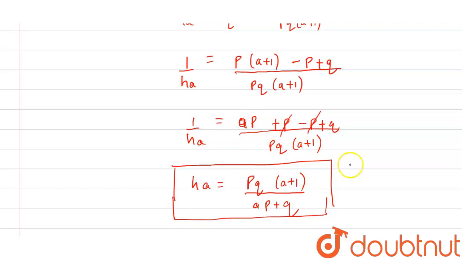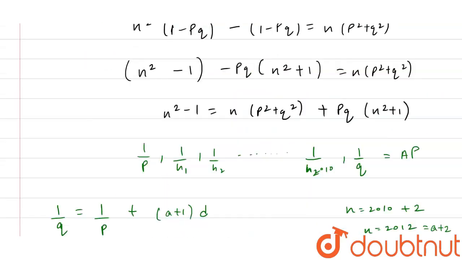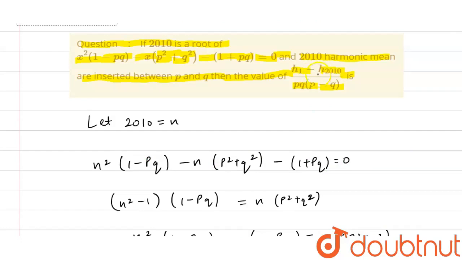Now in the question we have to find the value of h1 minus ha, that is h1 minus h2010, and we have let h2010 be ha.